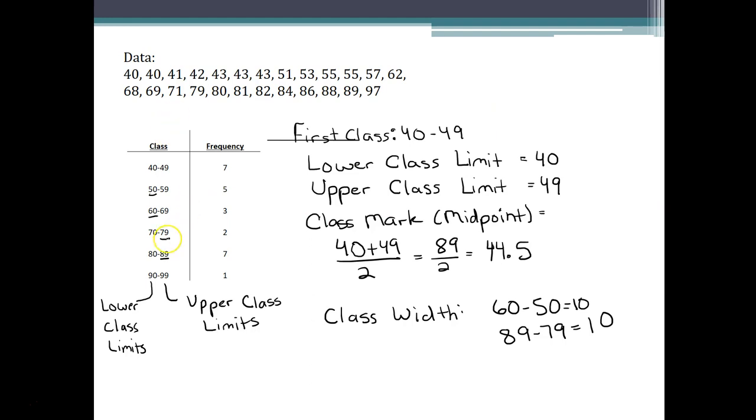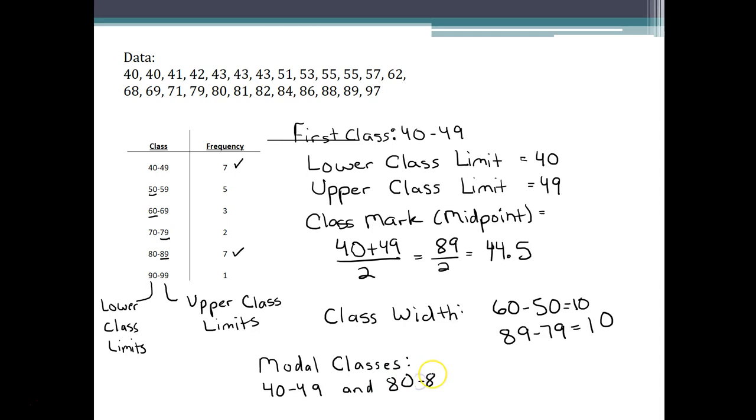So in this case, we've got two of them because the highest frequency is 7, and we've actually got two classes with a frequency of 7. So in this case, we have modal classes. You can have more than one mode, but the mode is the number that appears the most often. Or in this case, modal class is the class that appears the most often, has the highest frequency. So modal classes, you got 40 to 49 and 80 to 89.